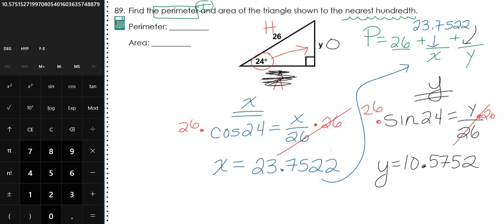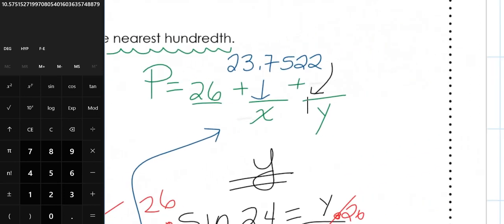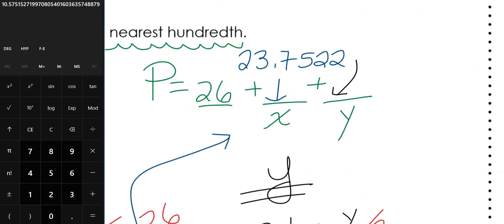I am going to zoom in a little bit so I can write it down. So for y, it's 10.5752. There it is.